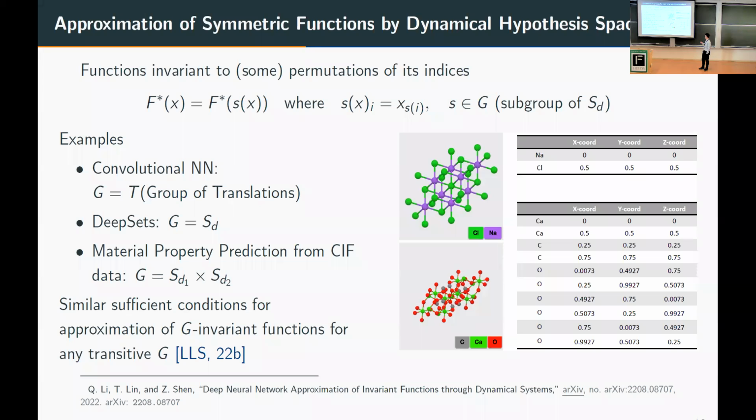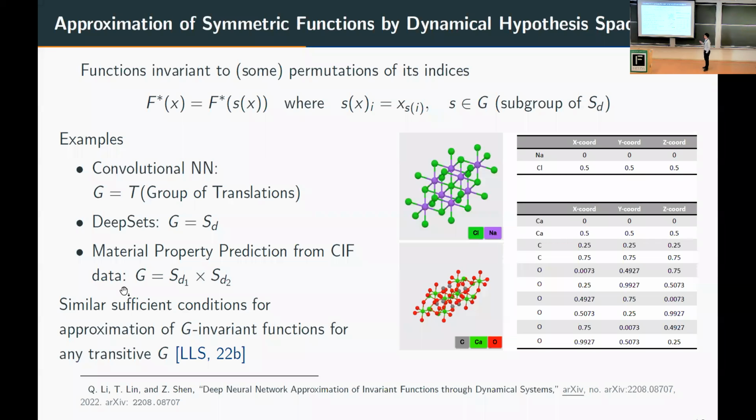If you look at this entire table and regard it as a vector, if you flatten it, then if you change any of the rows and columns, you don't change the output of the property you're trying to learn. And in this case, this group would be a product of two symmetric groups. Okay, so D1 is the number of rows and D2 is the number of columns.